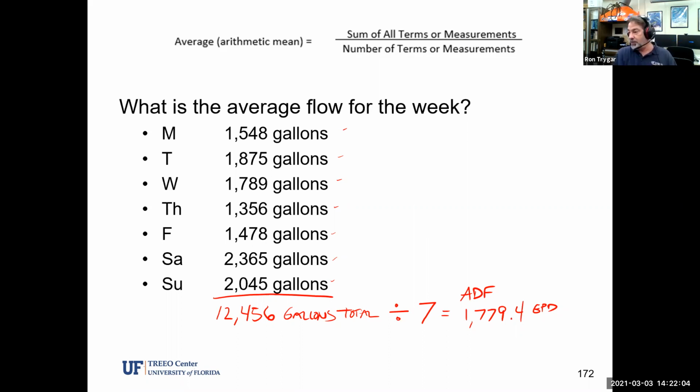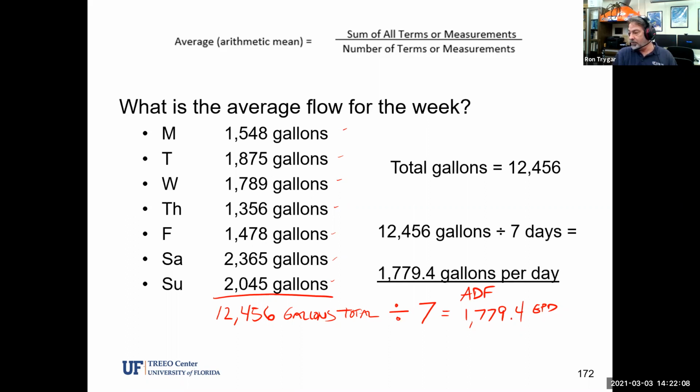That's average flow. And how did we do? And we came up with that number, and that looks pretty good. We're right on track. So averaging is something that you may see in your workplace that you have to do.